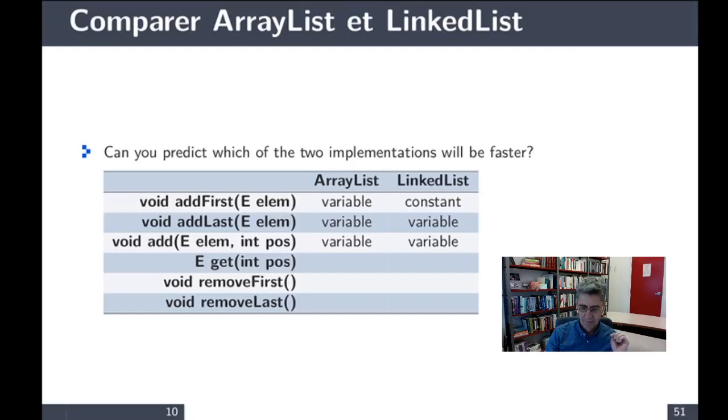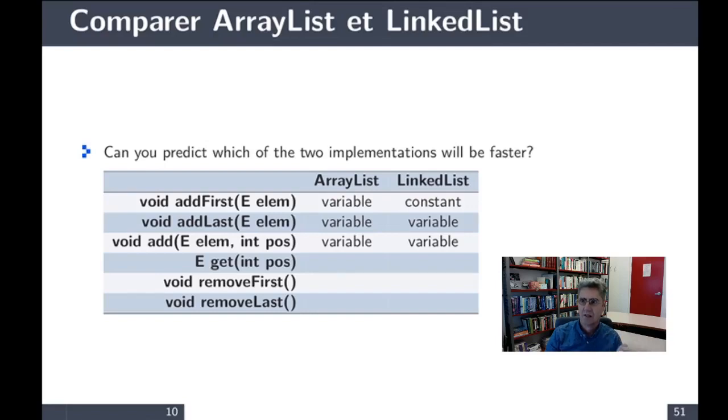Get for an array-based implementation. So hopefully you remember that in the first lecture of the semester, when we talked about the memory representation, the random access memory, we said that one thing we really like about arrays is that obtaining the content of a cell of an array can be done efficiently.